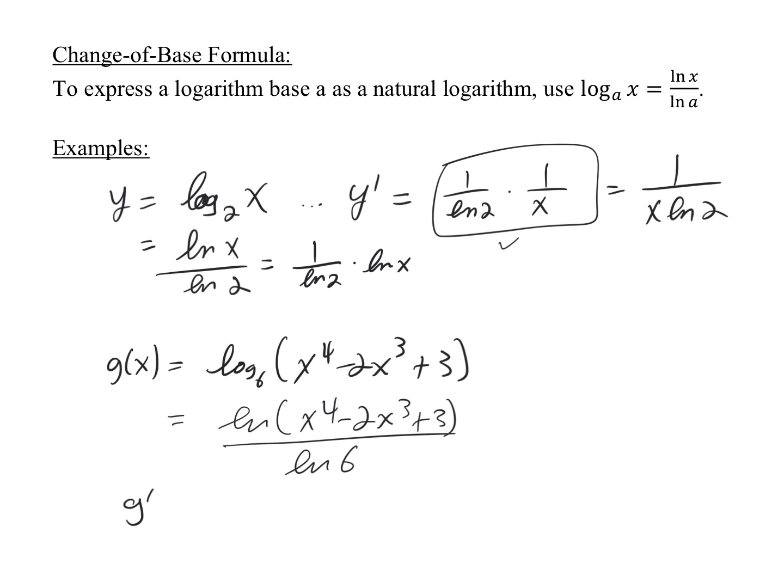So then g prime is going to be 1 over the natural log of 6 times, okay, and then I'm going to take the derivative of that numerator, so that's 1 over x to the 4 minus 2x cubed plus 3.